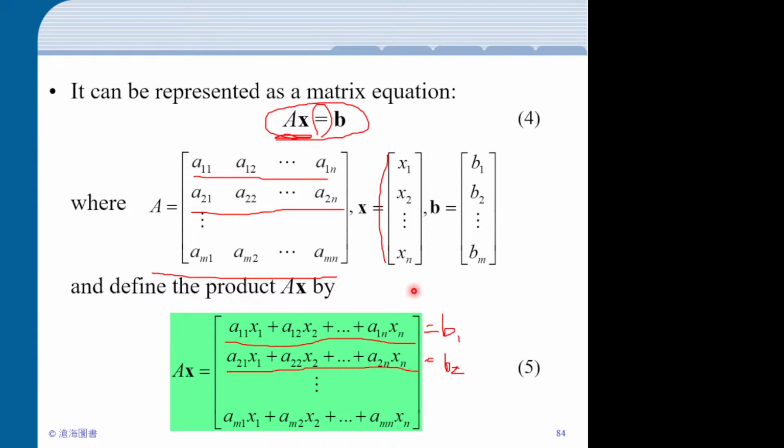So Ax is actually an m-dimensional vector, and that's equal to this m-dimensional vector b. We can check the matrix multiplication rule.